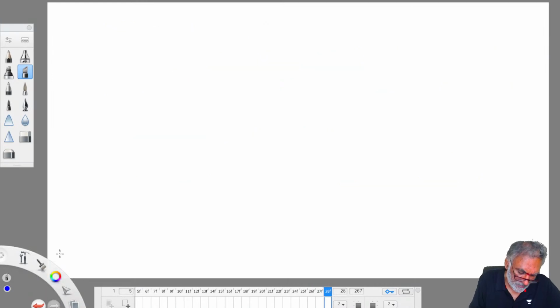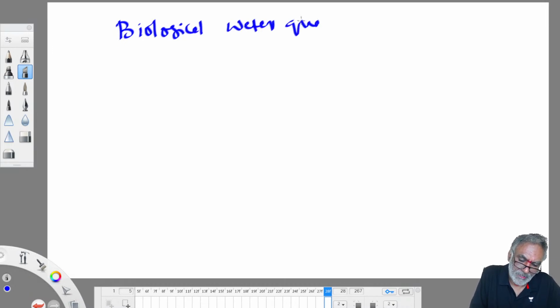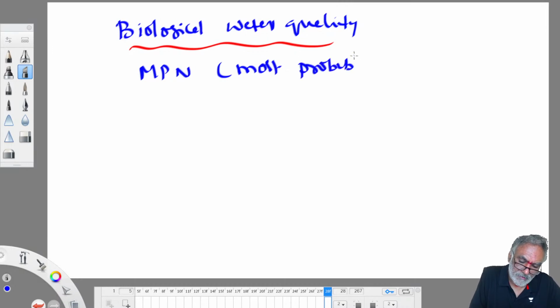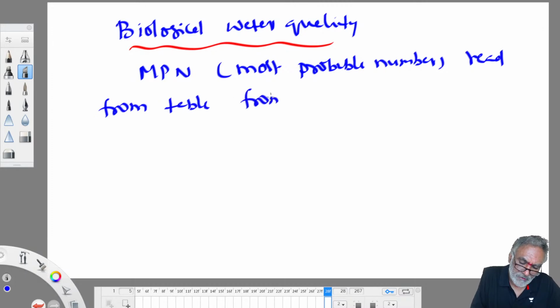Next coming to biological water quality. Only one thing you have to remember, that is MPN, most probable number. Most probable number we pick up from tables. MPN, most probable number, is read from the tables from the given E. coli test results.